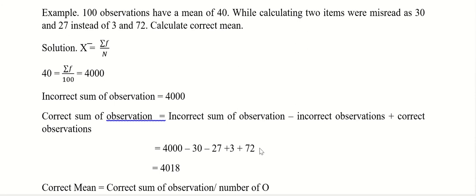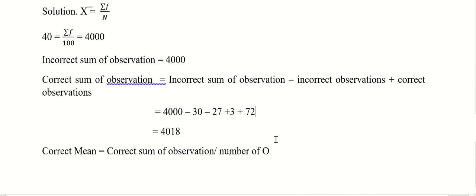So here is the correct sum of observations divided by the number of observations. Here the value is 72. I wrote it as 27 by mistake, but it is 72. The answer is the same. The answer is right, 4018. So let's move forward.